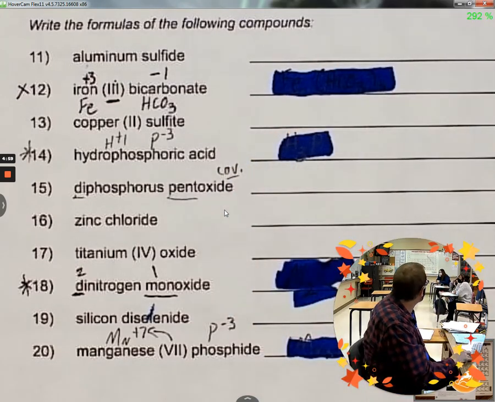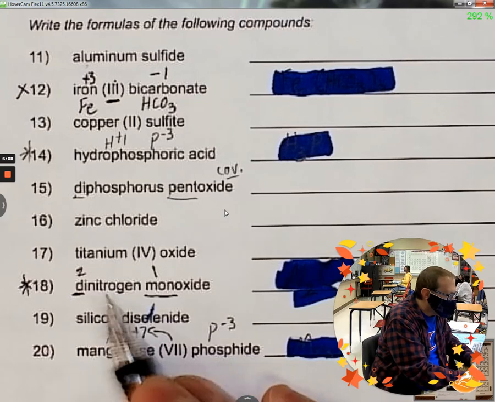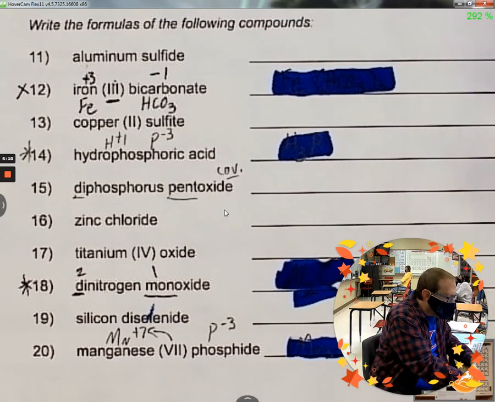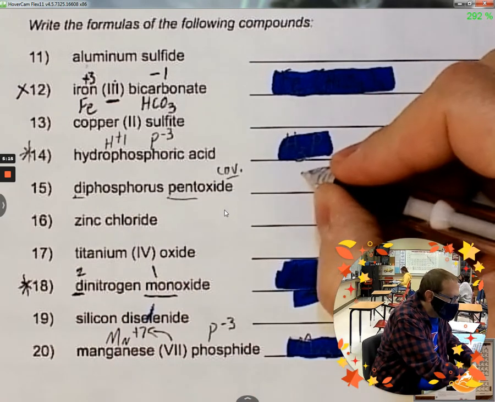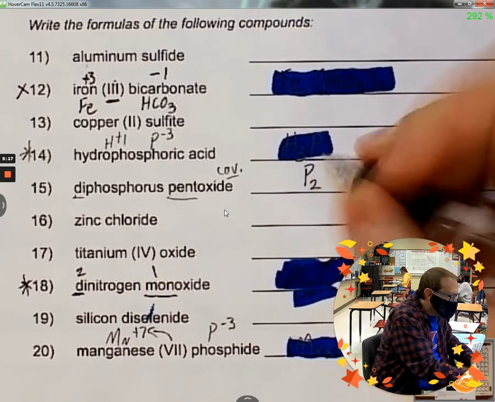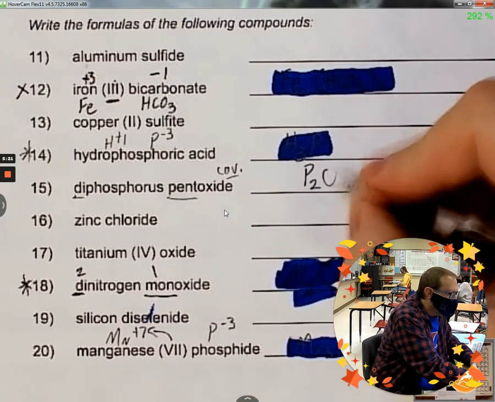Remember, with covalent, you use the prefixes to see how many of each thing you have. Diphosphorus. Di means 2, so it's going to be P2. Pentoxide. That's oxygen. Pent means 5. So O5.